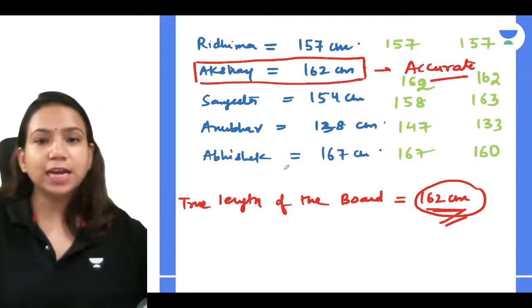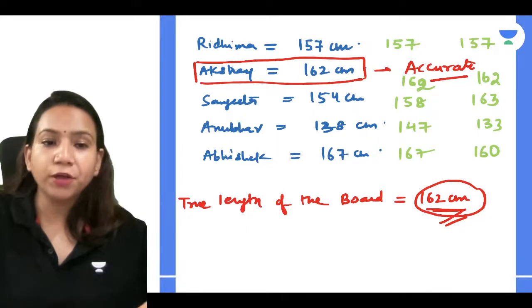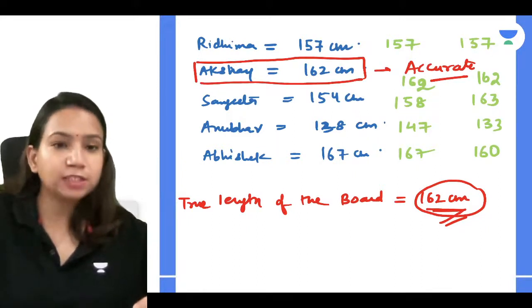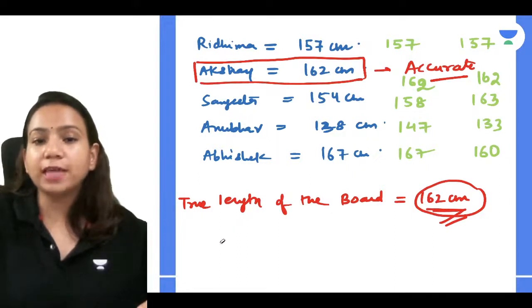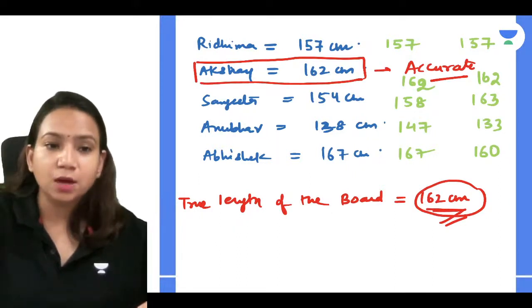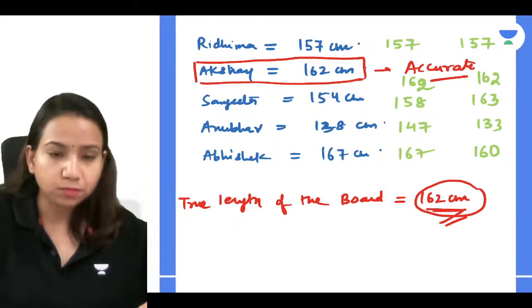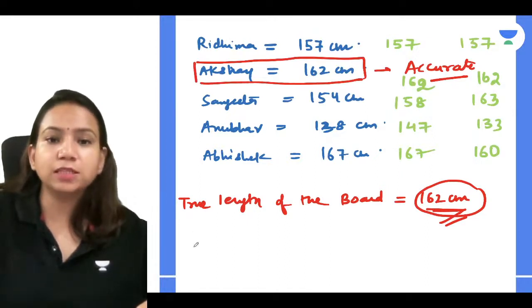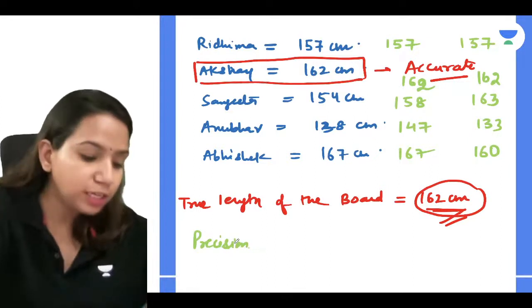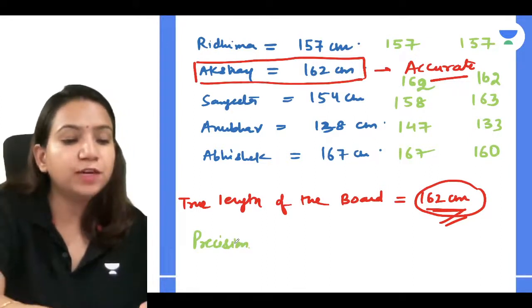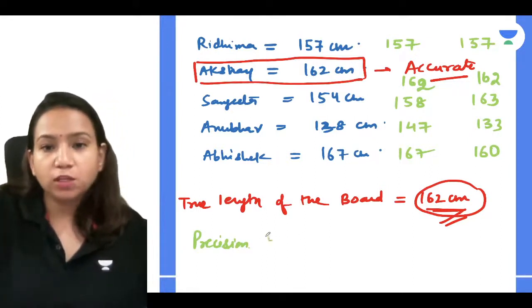Now what we can understand is that out of all the results over here, Akshay is accurate as well as precise. What do you mean by precision? Precision is a term which we use to represent the degree of closeness in the different results. What is precision, guys?